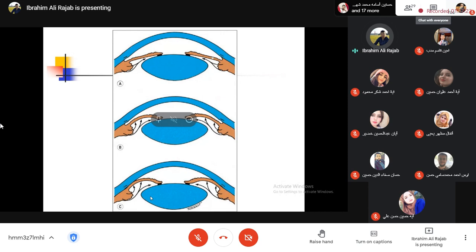There is a position called the mid-dilated position where the iris touches the lens in those predisposed patients. If this mid-dilated position is maintained, the aqueous will be secreted behind the iris in the posterior chamber and will not reach the anterior chamber. So the iris will be pushed forward and there will be blockage of the angle of the anterior chamber.